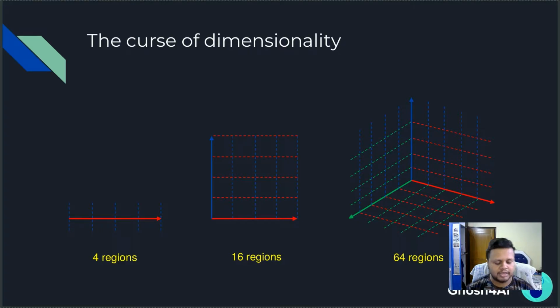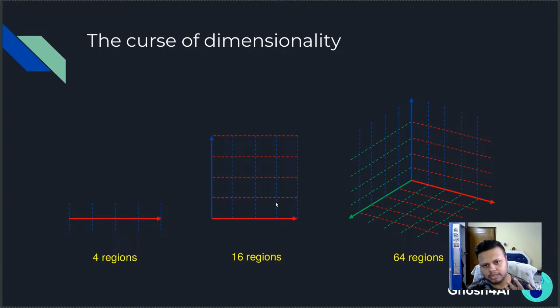And say we have assigned meanings to every one of those regions. Now, if we think of a similar kind of separation in 2 dimensions, we'll end up having 16 regions in which the samples can have a different meaning. That is 4 regions along one axis and 4 regions along the other axis, a total of 16 different regions.